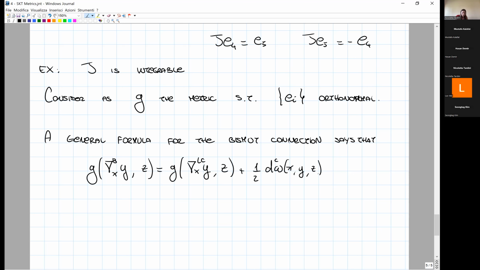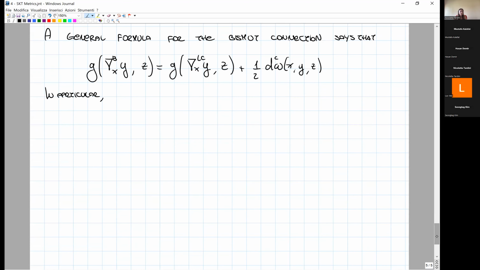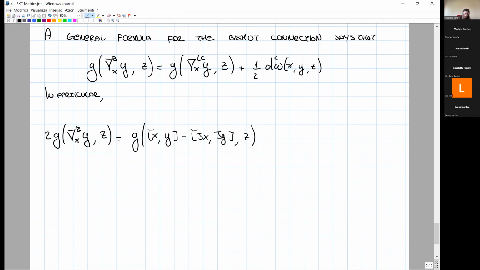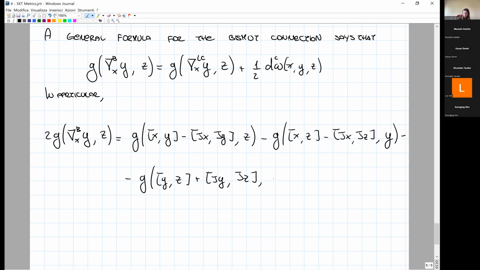In particular, using the Koszul formula for the Levi-Civita connection, one can show that for the Bismut connection we have this formula: 2 g of nabla_X Y, Z is equal to g of the bracket of X, Y minus the bracket of JX, JY, Z, minus g of the bracket of X, Z minus the bracket of JX, JZ, Y, minus g of Y, Z plus JY, JZ, X. So there is this formula that holds on Lie algebras for the Bismut connection.